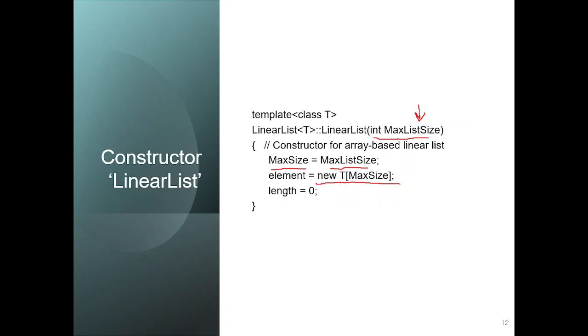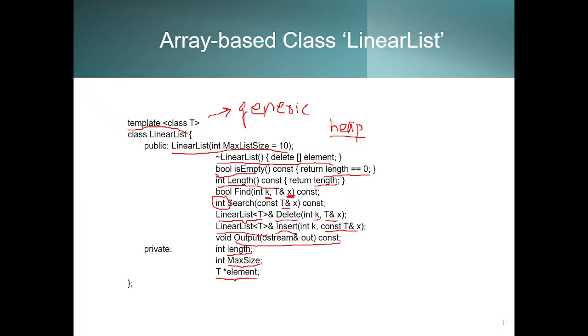So this basically creates an array with maximum size number of elements on the heap, and the pointer returned by the new operator is stored in this element. Okay, so sorry, this element basically refers to the first element of the array that is created on the heap, and that is used to store the elements of the list.